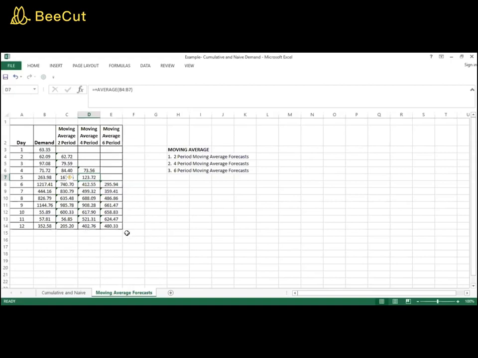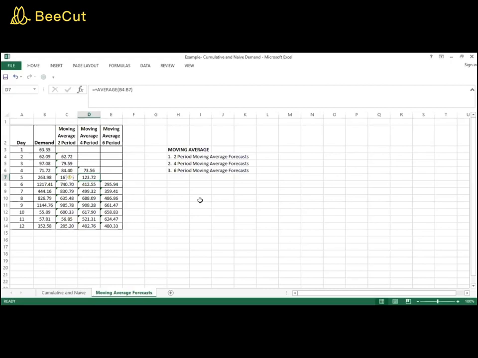And the methodology is the same for the 6 period moving average. So I hope with that you have gotten a good understanding of how to do forecasting using the cumulative method, the naive method, and the moving average method.